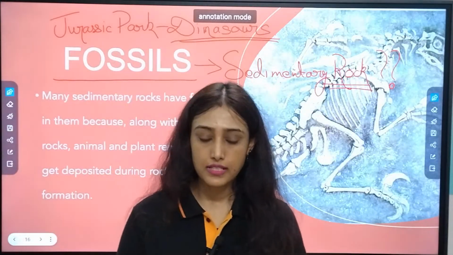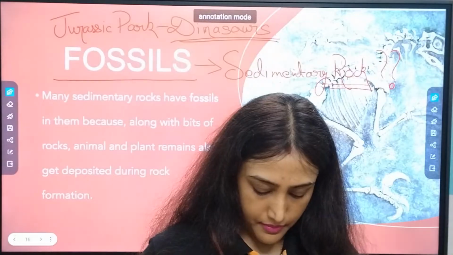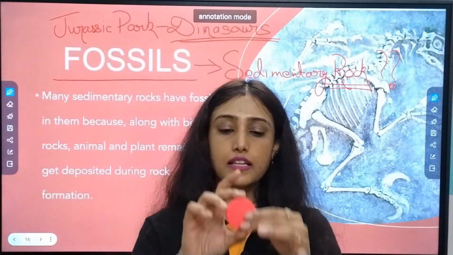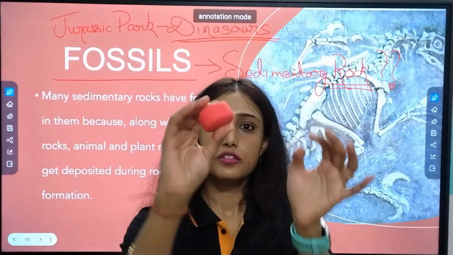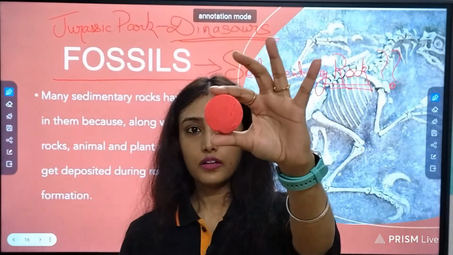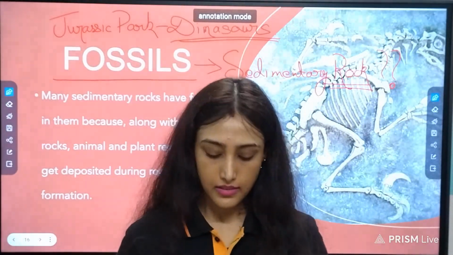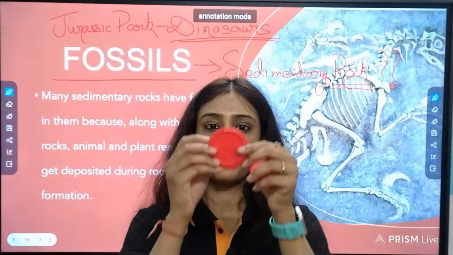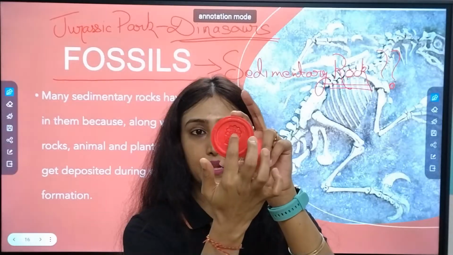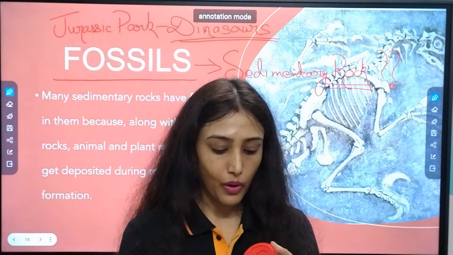Now, how are these fossils formed? Okay, for that I am showing you an experiment. Just see, I have a soft modeling clay. Many of you make different kinds of things from this. Now just see, this part has an impression of a flower. Can you see? So what will I do?